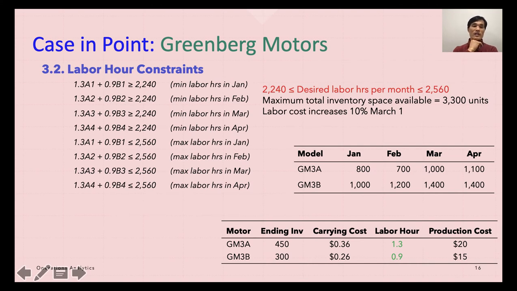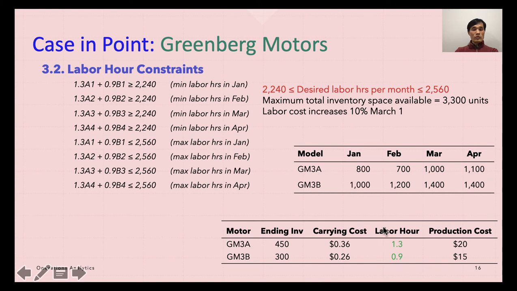And then we can define labor hour constraints. That's simpler than demand constraints. We know that our labor hours have to range from 2,240 to 2,560. If you read the description carefully, you learn that it requires 1.3 labor hour to produce GM3A, while 0.9 hours for GM3B.